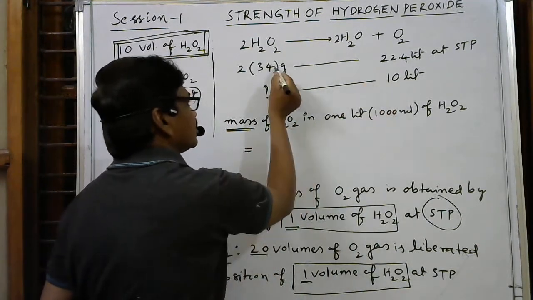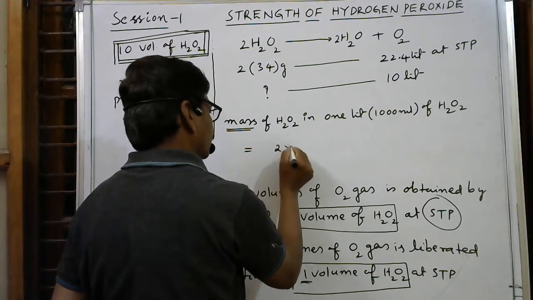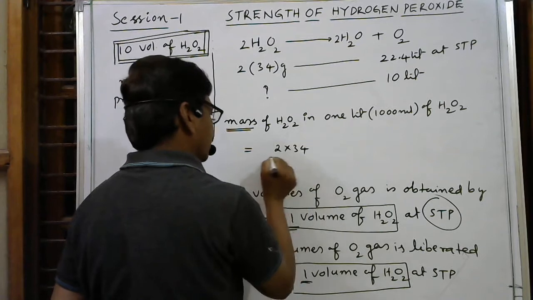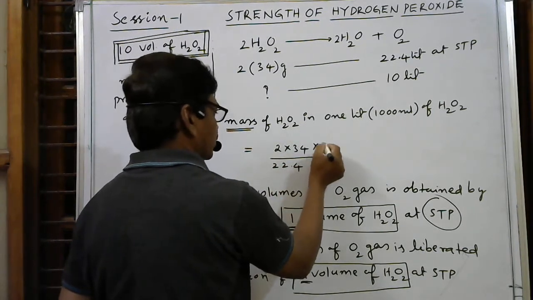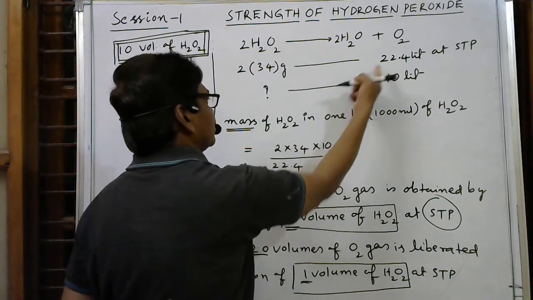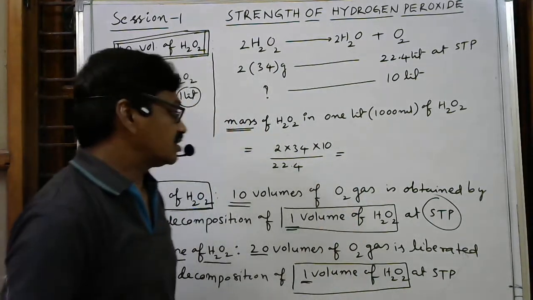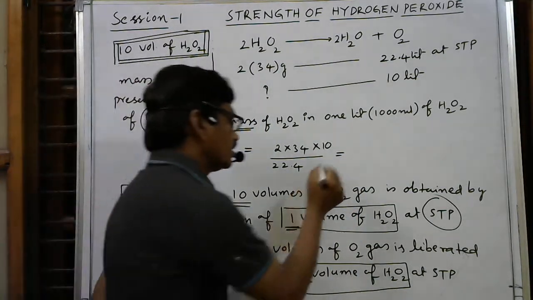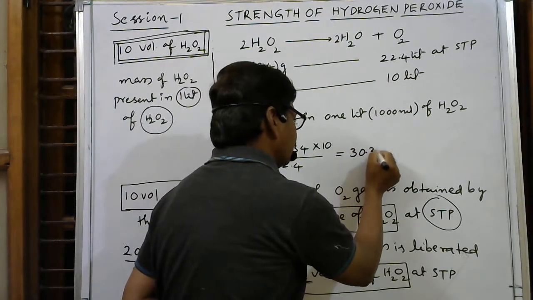So this into this by this, that is, 2 into 34 by 22.4 into 10, this into this by this one, 22.4. If you do the calculations, exactly here you will get 30.35 grams.